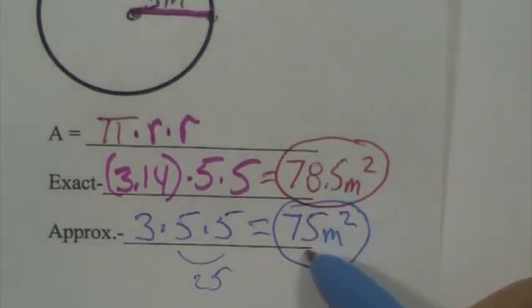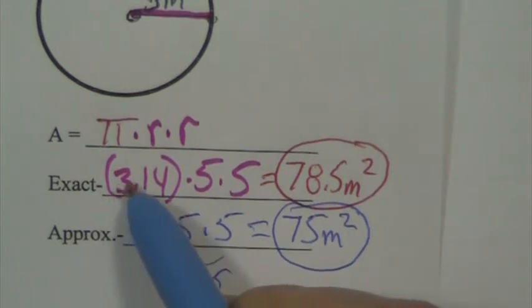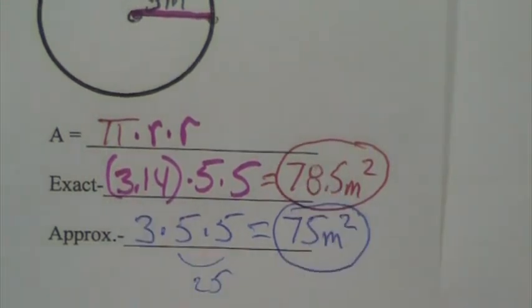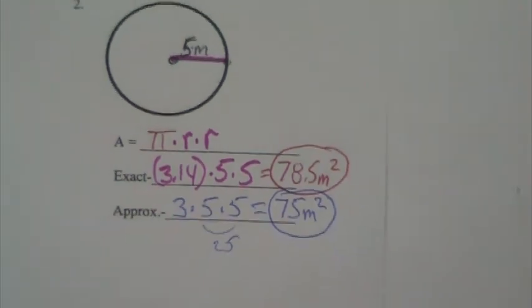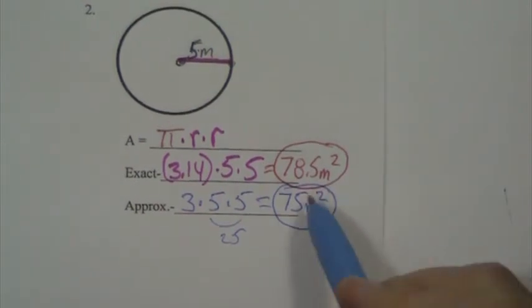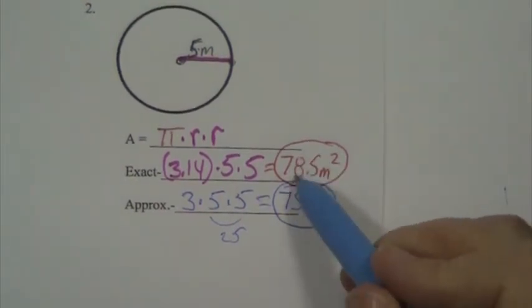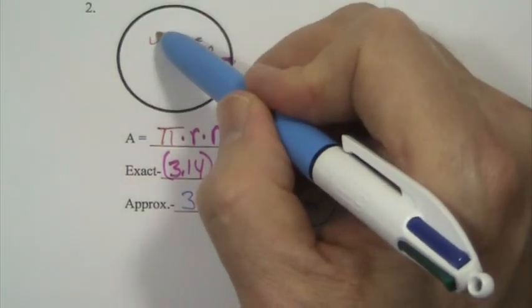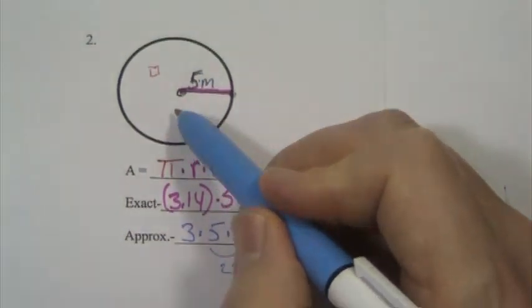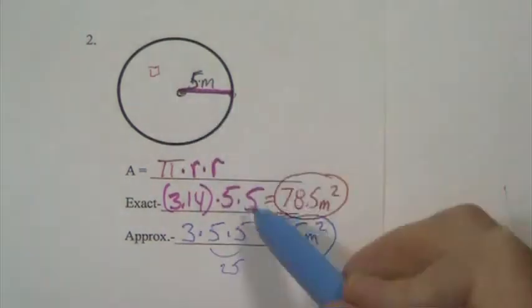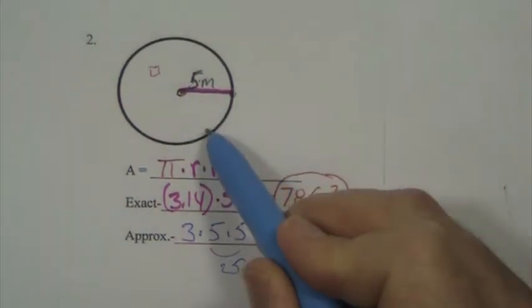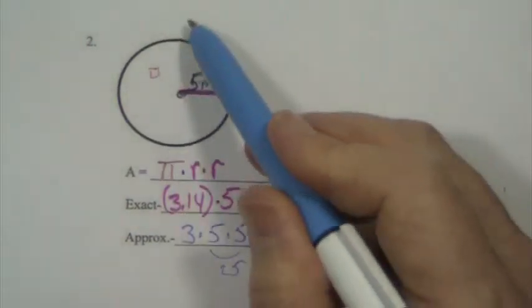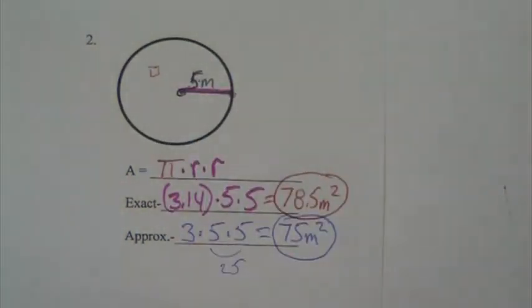Look how close that came, just by using 3 instead of 3.14. So what do we figure out here? There's about 78 squares inside here. If you were to split this up all into squares, that's how many would be inside. Area is inside, circumference is outside.